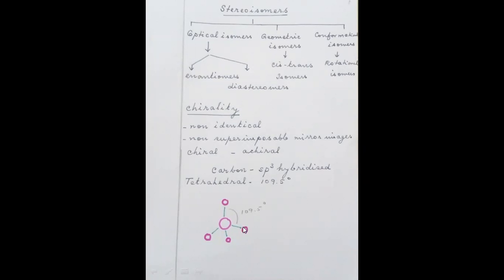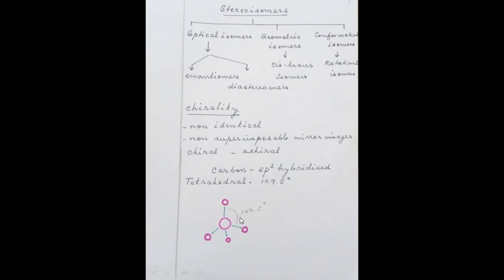If all the four groups attached to this carbon are different, then this carbon is called chiral carbon or asymmetric carbon, and it has non-superimposable mirror images. And I have already shown you what is the actual meaning of non-superimposability.